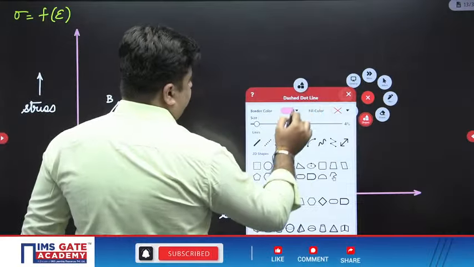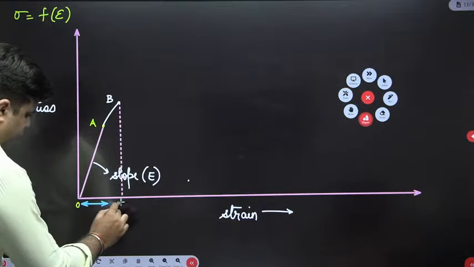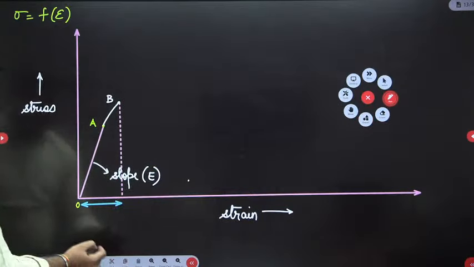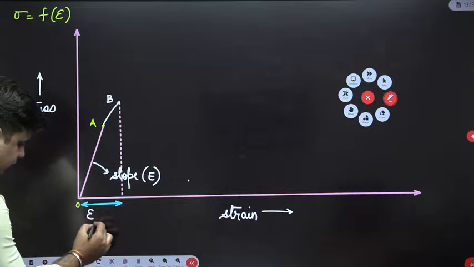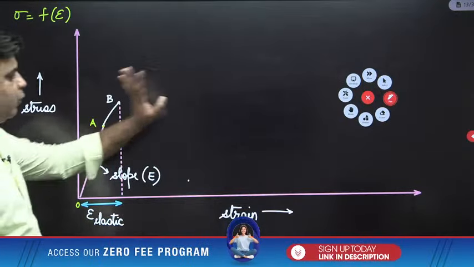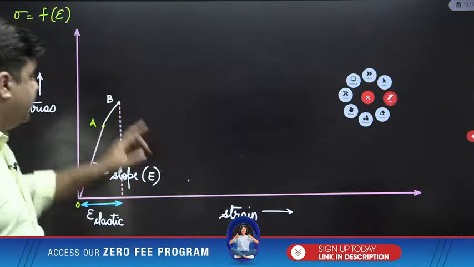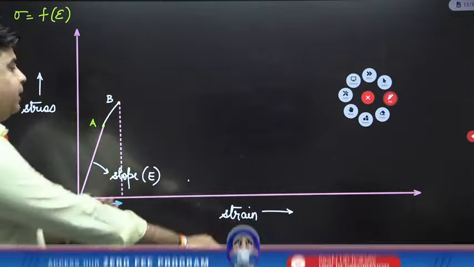From O to this point B, this is your elastic strain, right? Now beyond point B, whatever deformations come will be the permanent deformations or the plastic deformation.